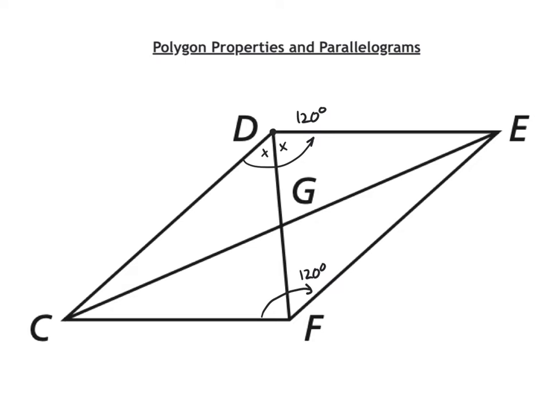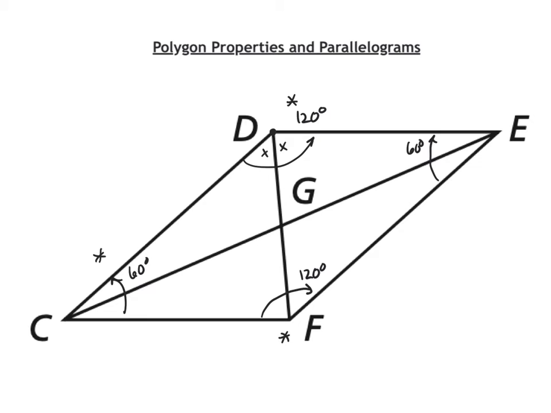Note that consecutive angles are supplementary. That means this angle would be 60 degrees. Also, angle DCF would be 60, either because it's an opposite angle to angle DEF, or because consecutive angles are supplementary, however you look at it.